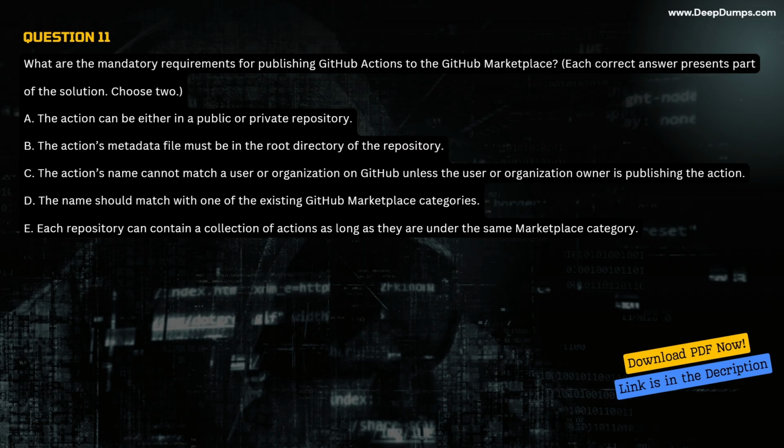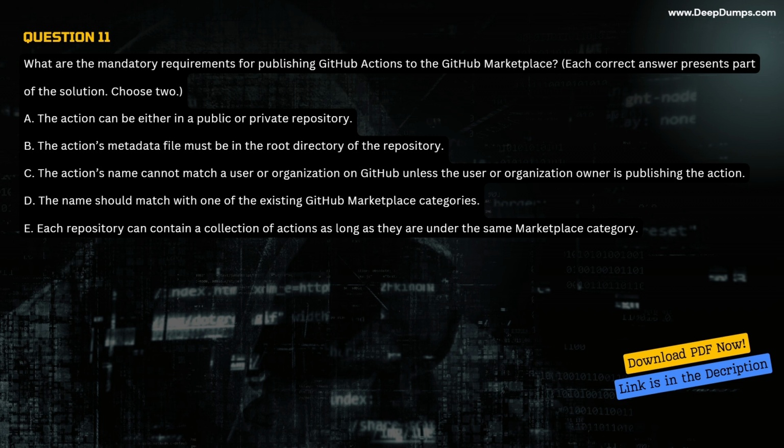C. The action's name cannot match a user or organization on GitHub unless the user or organization owner is publishing the action. D. The name should match with one of the existing GitHub Marketplace categories. E. Each repository can contain a collection of actions as long as they are under the same Marketplace category.